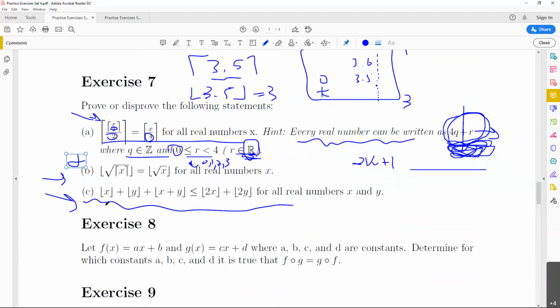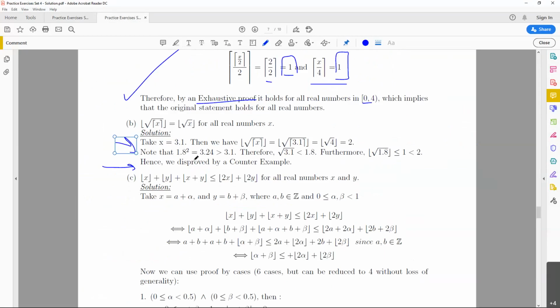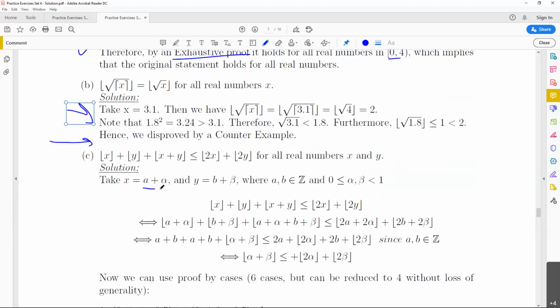So is the floor of x plus y, the floor of y, plus this, is it less than or equal to this for all real numbers x and y? Okay. Step 1 is, let x be a plus alpha and y be b plus beta. So in other words, we want to take out the integer part and just leave the decimal, like the point something.